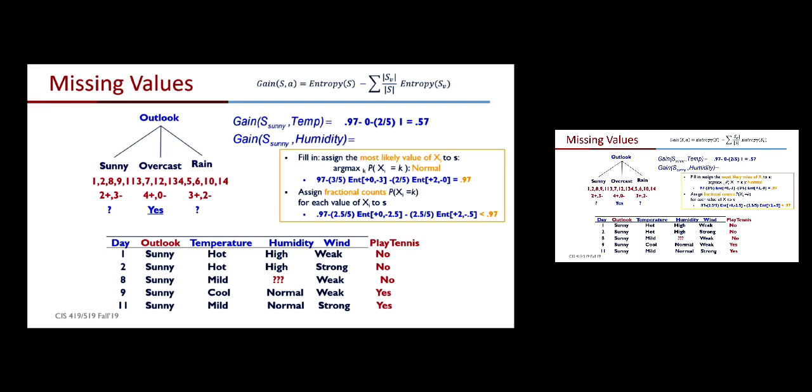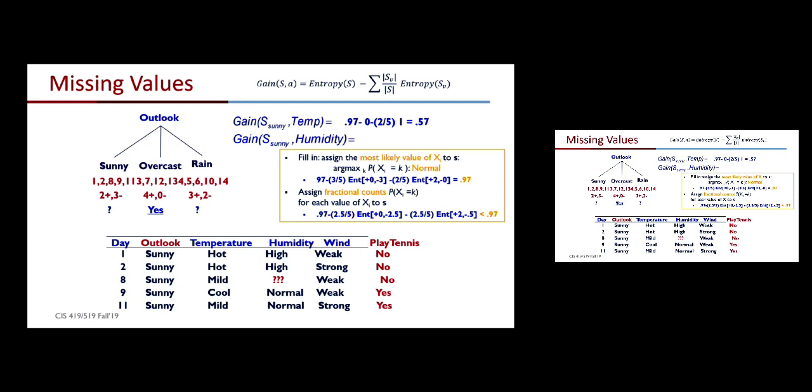So in this case, for example, based on the ratio of the value of the other example, it's half high, half normal, I can put half of this example into normal, half of this example into high, and what I'm going to get is that I have 2.5 examples with entropy, 0 positive example, 2.5 negatives, and 2.5 examples with 2 positive and a half negative. Right? Because I split this example to be half negative and half positive.